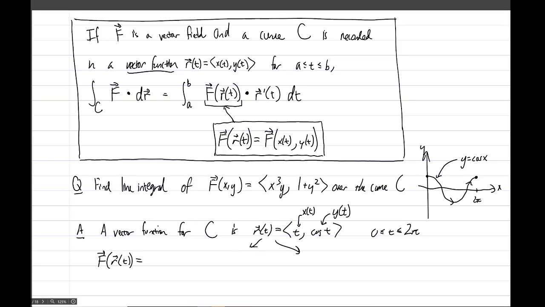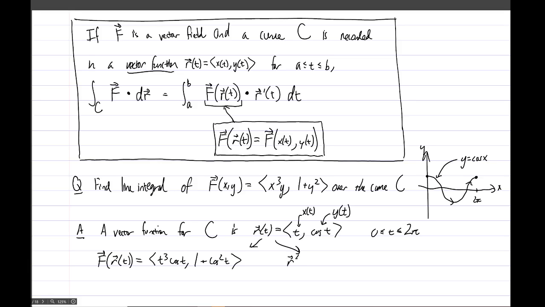So what we'll have here is angle bracket, x cubed, so t cubed, y is cosine of t, and then 1 plus y squared, so 1 plus cosine squared of t. So that's F of r of t.